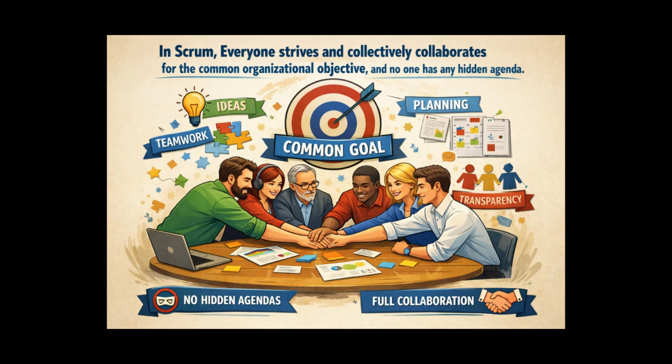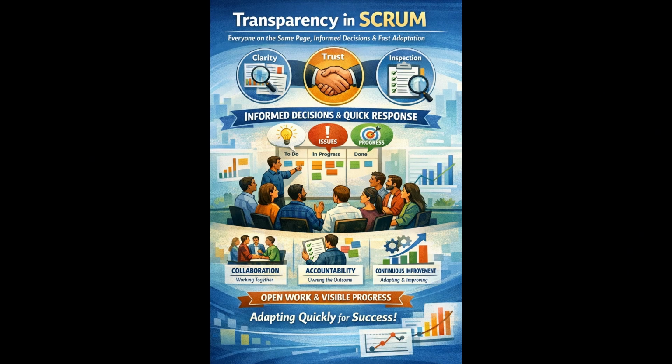Everyone strives and collectively collaborates for the common organizational objective, and no one has any hidden agenda. Being upfront with the stakeholders will help in trust building and lead to better work ethics.